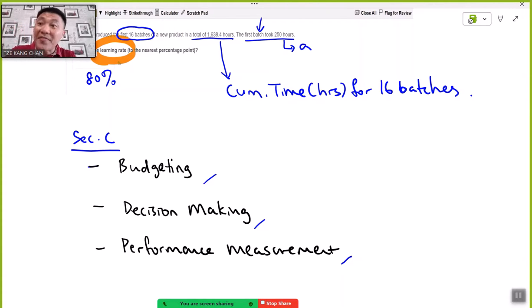So the learning curve effect appears in virtually all scopes of the performance management syllabus: budgeting, decision making, performance measurement. As such, the references from the study hub and technical articles will provide sufficient and very detailed illustrations on dealing with such discussive tasks.